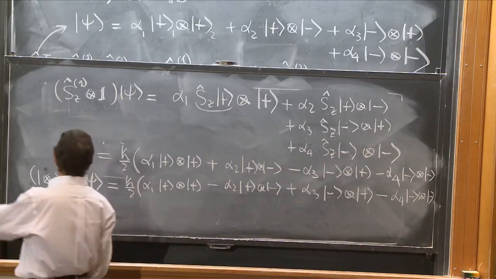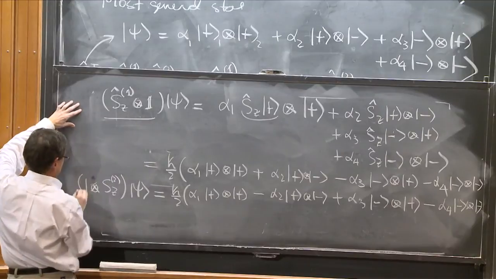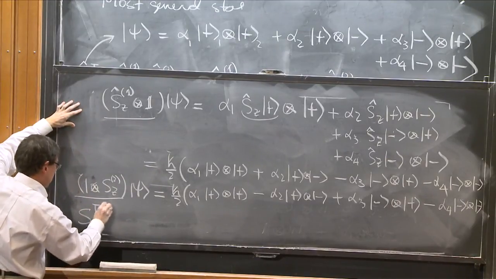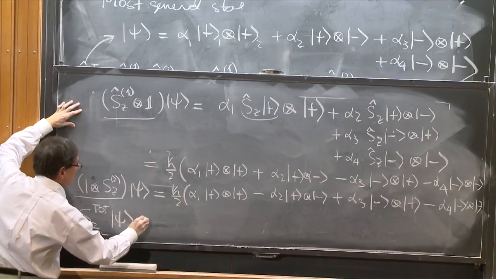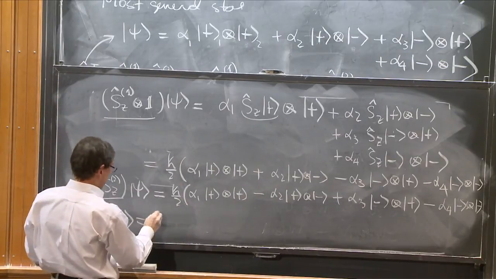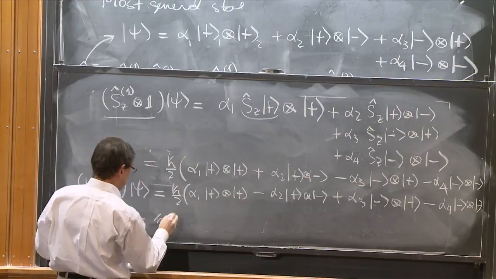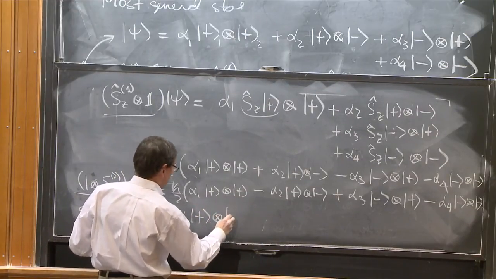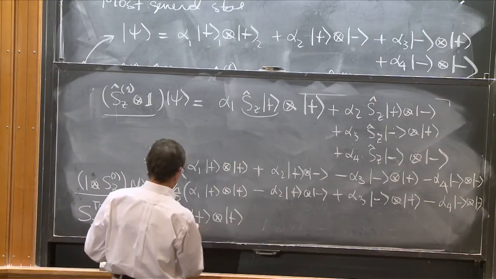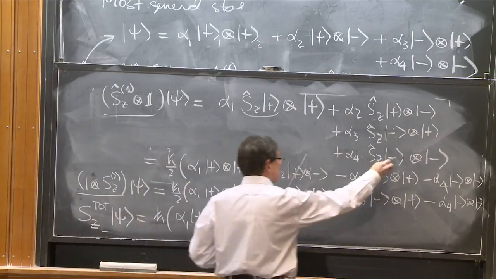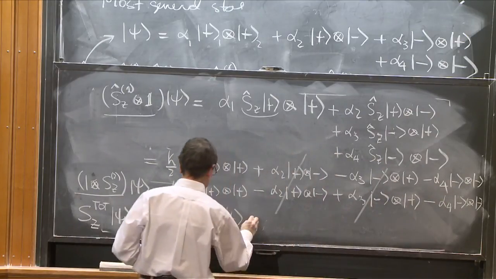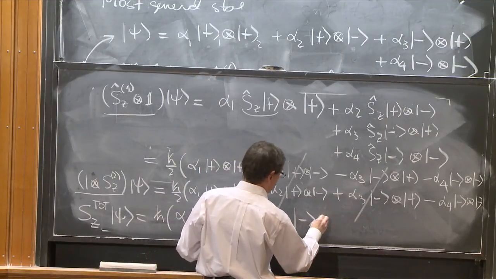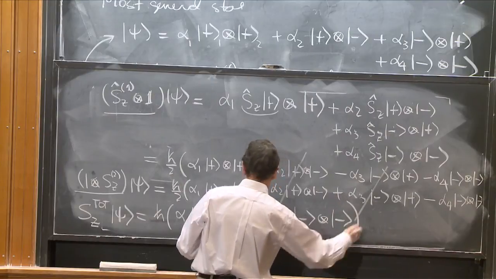When you add these two pieces together, it's the total Sz acting on the state. And what did you get? You get h bar, alpha 1 plus plus, these two cancel, minus alpha 4 minus minus.